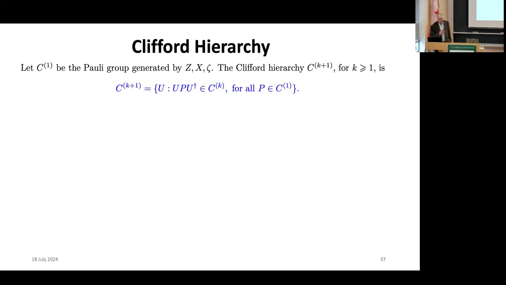It's the set of unitaries U that take a Pauli matrix P in C1 into C_(k-1) under conjugation. If we take k equals 2, that's called Clifford unitaries. And the hierarchy is a hierarchy of complexity of quantum information, complexity of quantum gates, which is based on this definition.